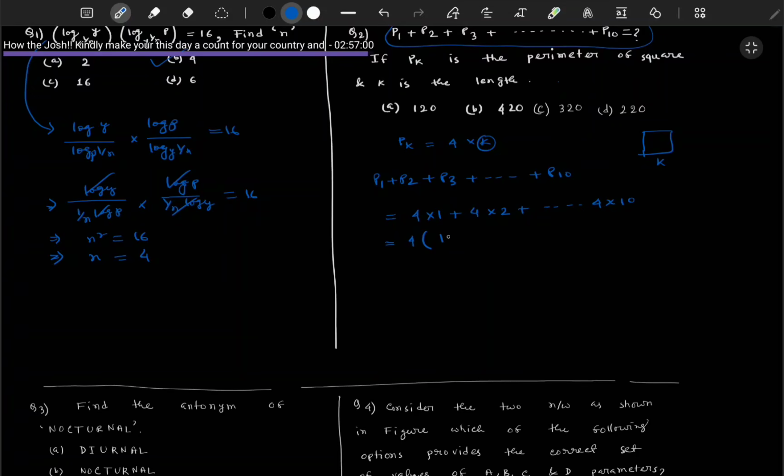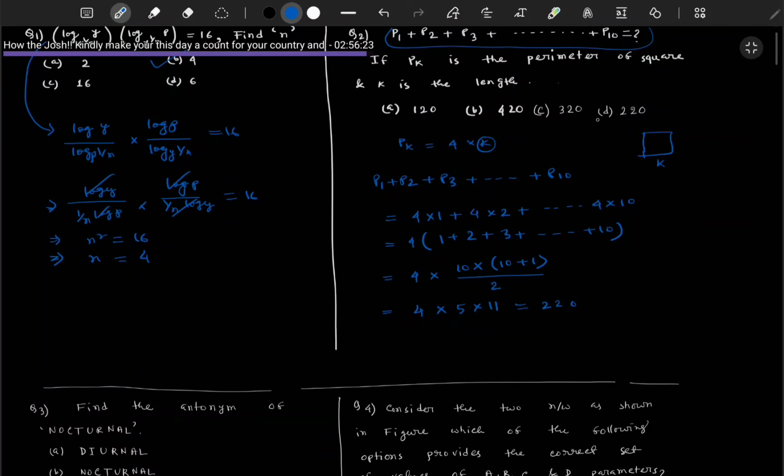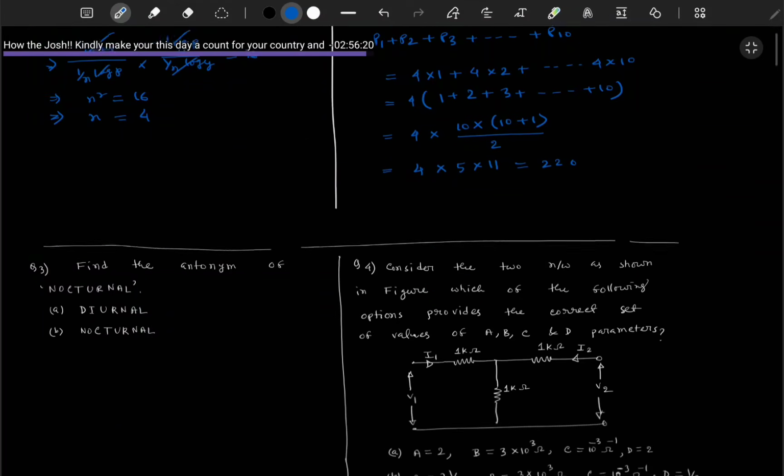So we can take 4 common, then 1 plus 2 plus 3, like that up to 10. Now the formula is n into n plus 1 by 2, 10 into 10 plus 1 by 2. Okay, natural number summation formula, 5 into 11, so 4 into 55, 220 is the answer, and it is matching with option D.